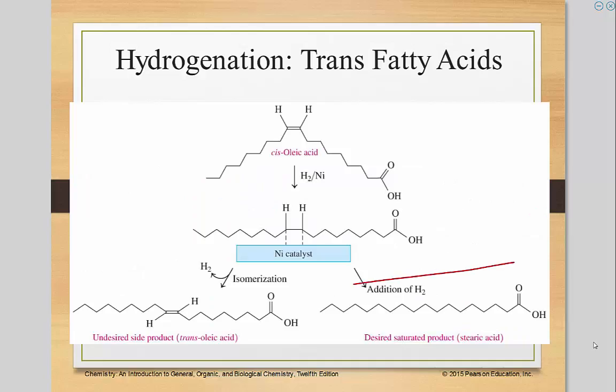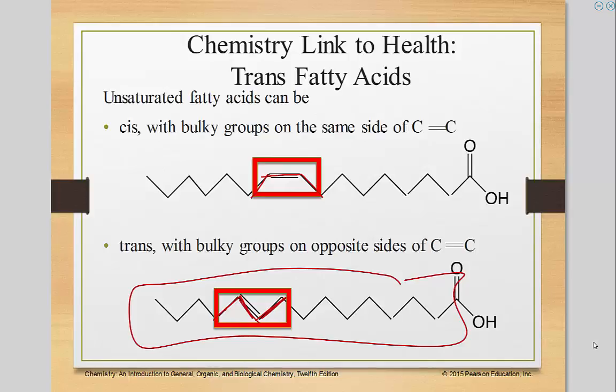These are all single bonds. Now let's go back to that original picture. Notice that they both have that zigzag formation. This means that when it's trans, it can interact more with the saturated compounds, and more so than the cis.